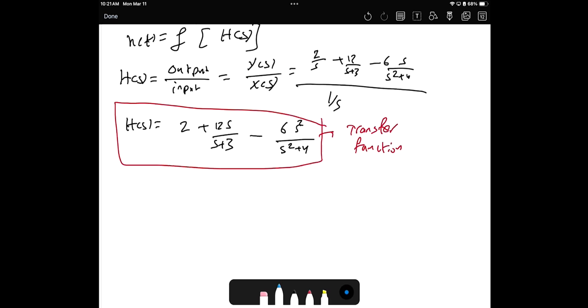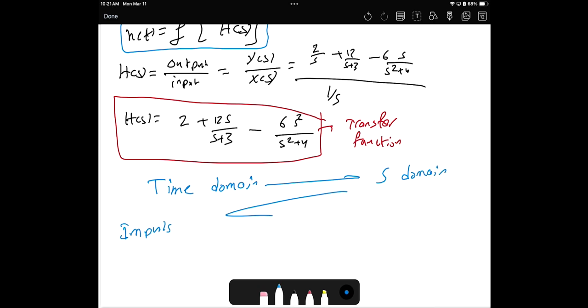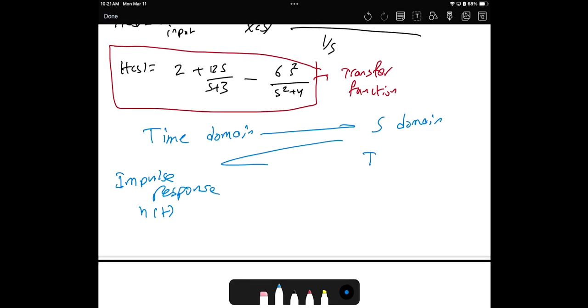Okay, so I'm going to write it here. Please, you need to be aware of this. Time domain, S domain. In the time domain, this is called the impulse response, which is h of t, and in the S domain it is called the transfer function, which is h of s.